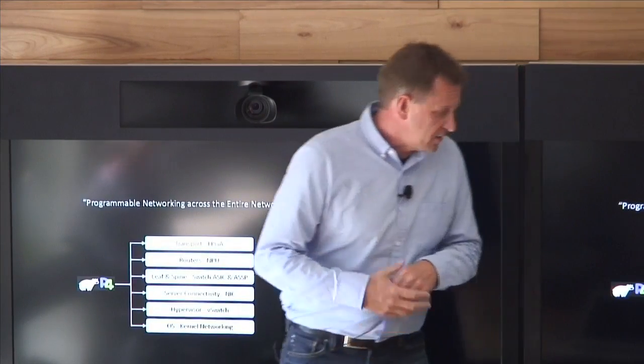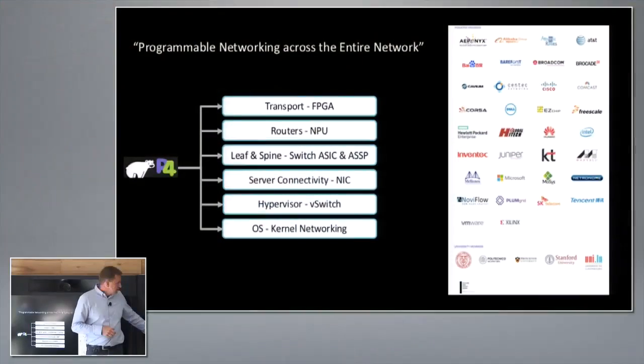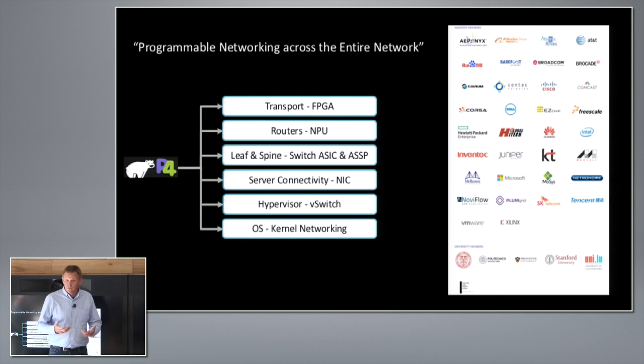So just to explain that in a little more detail, you start with a P4 representation and then could, for example, compile that to an FPGA-based switch, an NPU, or to a leaf and spine switch represented on a fixed function ASIC, even to a network interface card, like some of those are becoming programmable now. There is a P4 front end to OpenVSwitch, so you could use it to configure OpenVSwitch as well, or to a kernel networking stack.